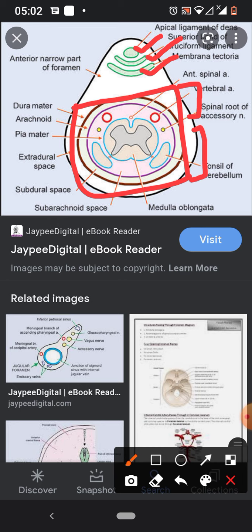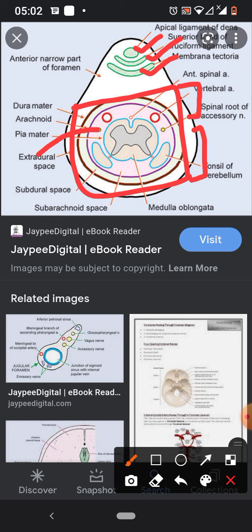Just below the arachnoid you can see the spinal accessory nerves, and the vertebral arteries are also present.